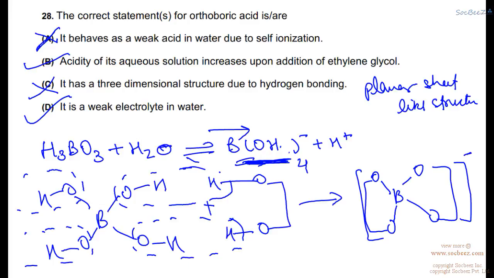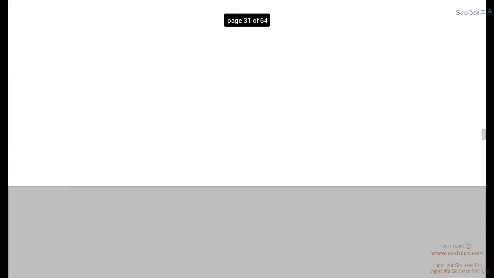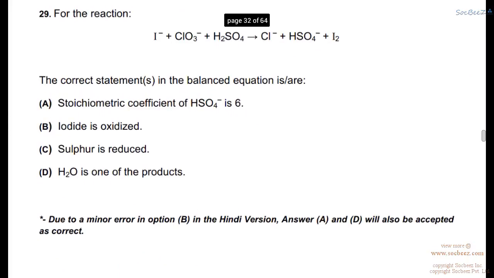Okay, so now let's see the other question. The question states, for the reaction I negative plus ClO3 negative plus H2SO4 gives Cl negative plus HSO4 negative plus I2, the correct statements in the balanced equation are: stoichiometric coefficient of HSO4 negative is 6, iodide is oxidized, sulfur is reduced, H2O is one of the products.